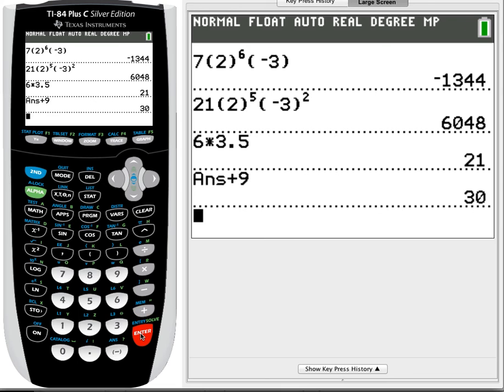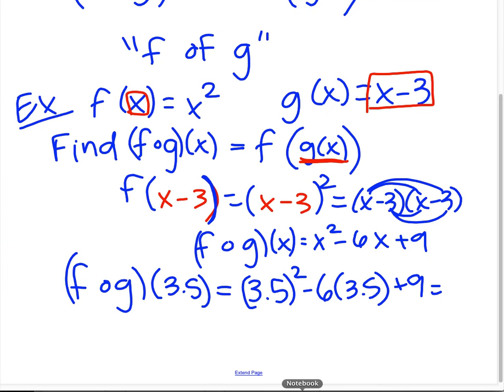So you can do it this way. So that's option 1.